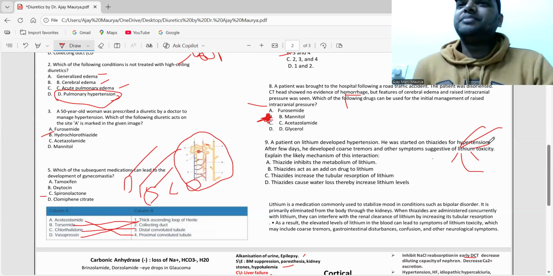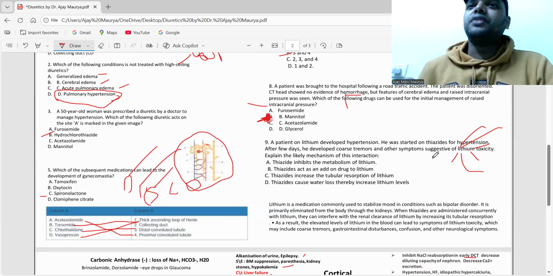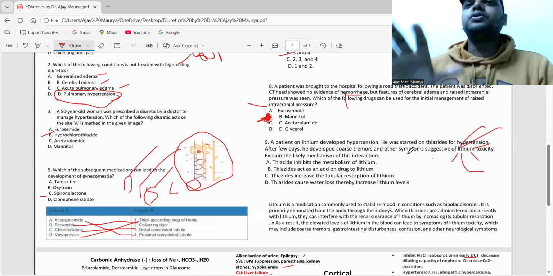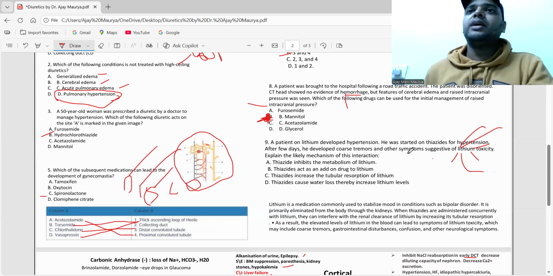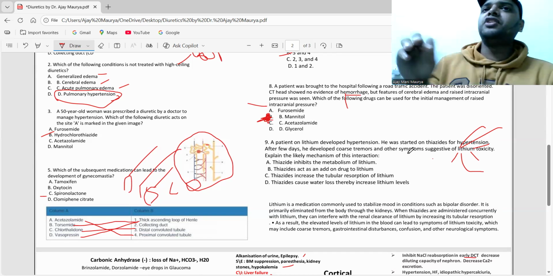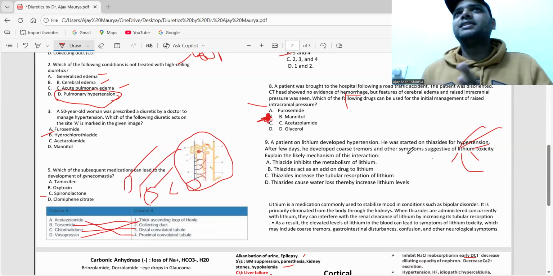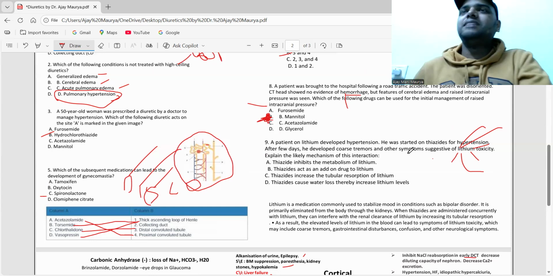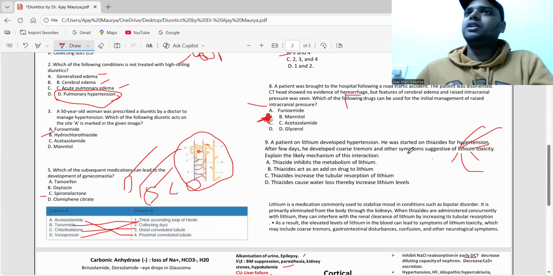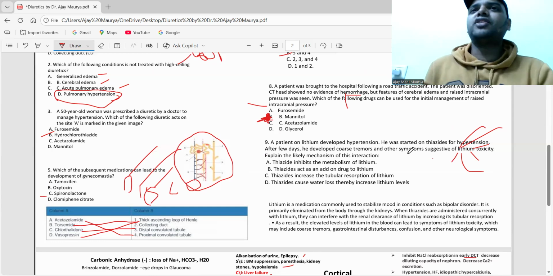Now lithium causes diabetes insipidus. Suppose a patient is on lithium, a mood stabilizer, and a doctor prescribes him thiazides, like hydrochlorothiazide, or telmisartan and hydrochlorothiazide.